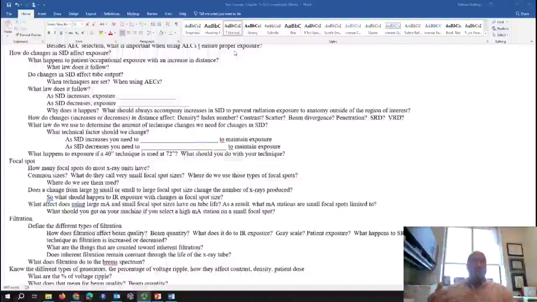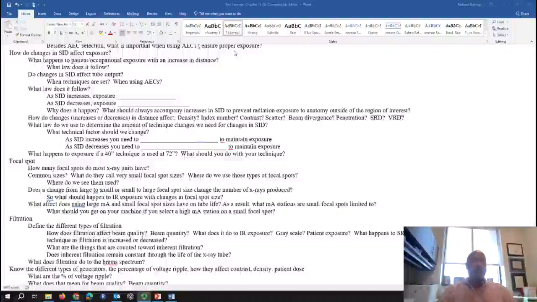So when techniques are set, there's no change in tube output, but when we're using the AECs, remember the function of the AEC is to count the X-ray photons, get to a certain amount, and send a signal over to the timer circuit to discontinue exposure. So when we're using AECs, we do get an increase in tube output.